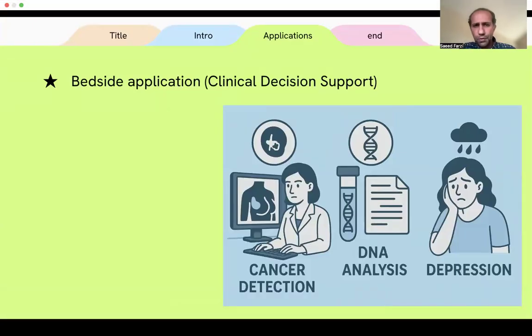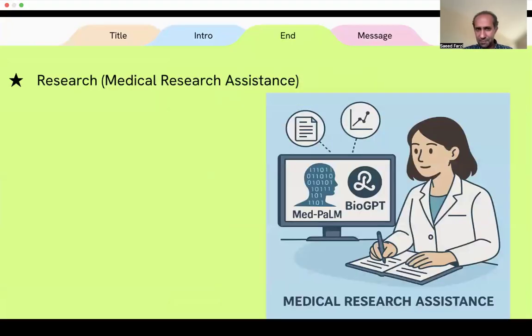One of the most important applications is the bedside application. Imagine a medical language model being used for diagnosing rare cancers, analyzing DNA data, or curing depression and that sort of disease.